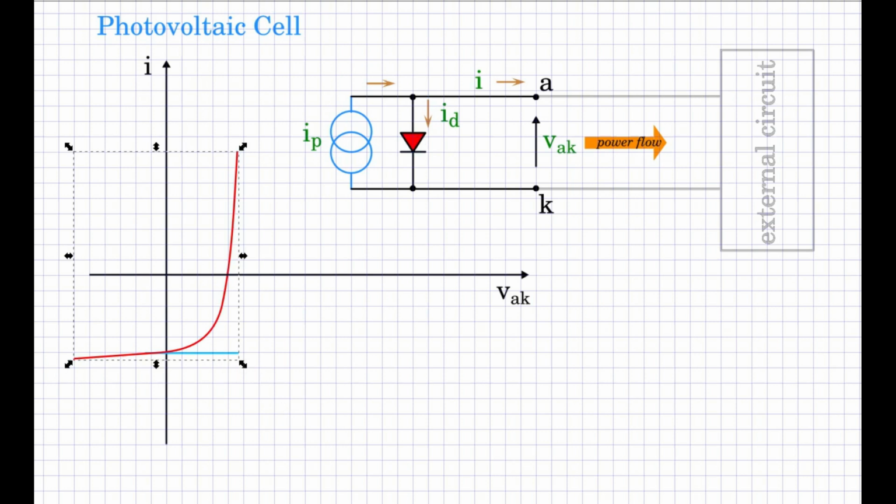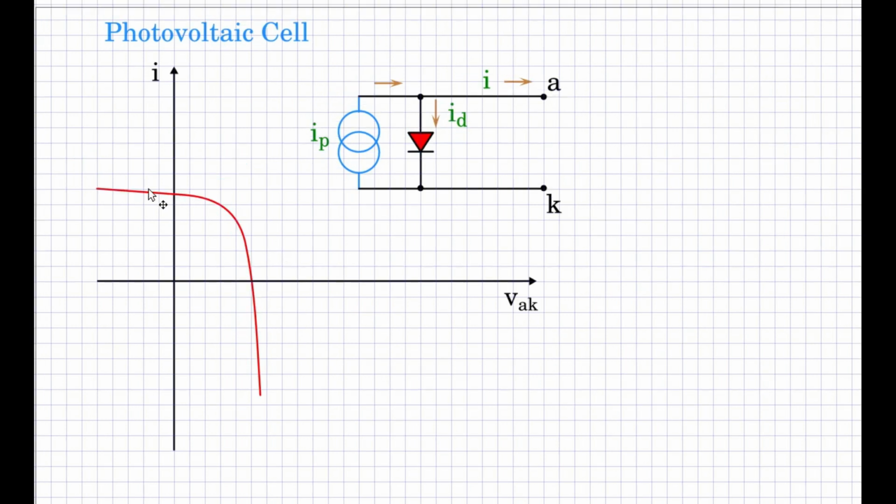That is done by simply flipping the y-axis, because the current has just flipped direction. So this forms the IV characteristic of a photo cell or photovoltaic cell.